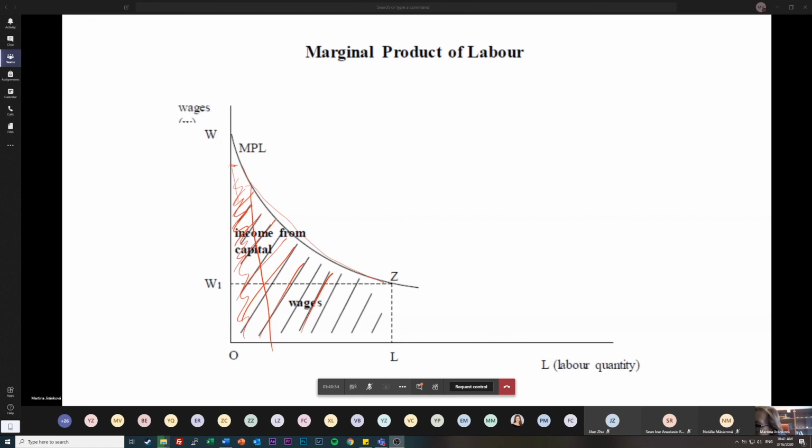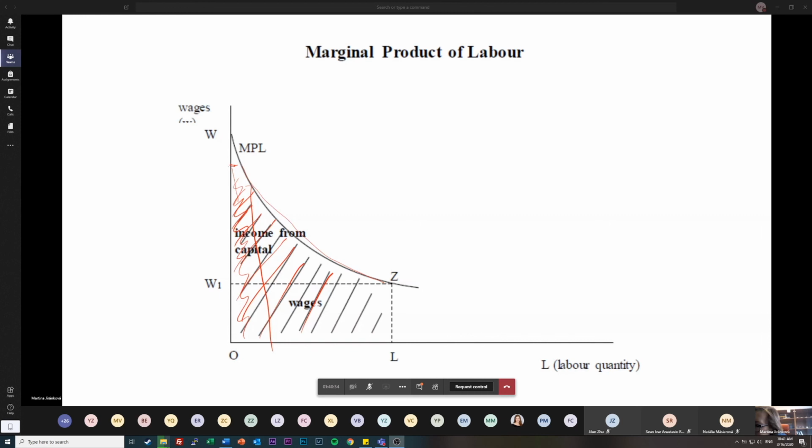I have 1,000, for example, on the horizontal axis, 1,000 people at work, times 20,000, for example, their wage. That means this part, 1,000 times 20,000, goes to workers from the whole GDP, and the rest goes to the owners of capital.